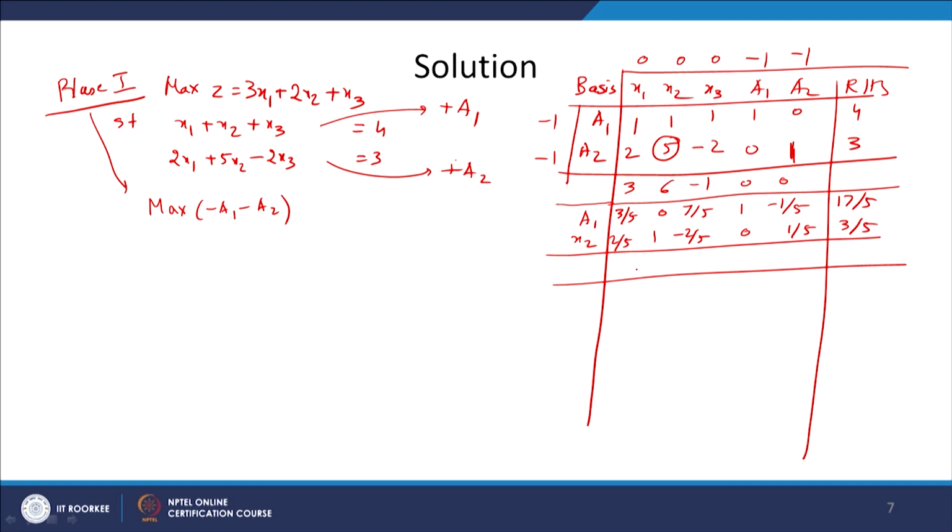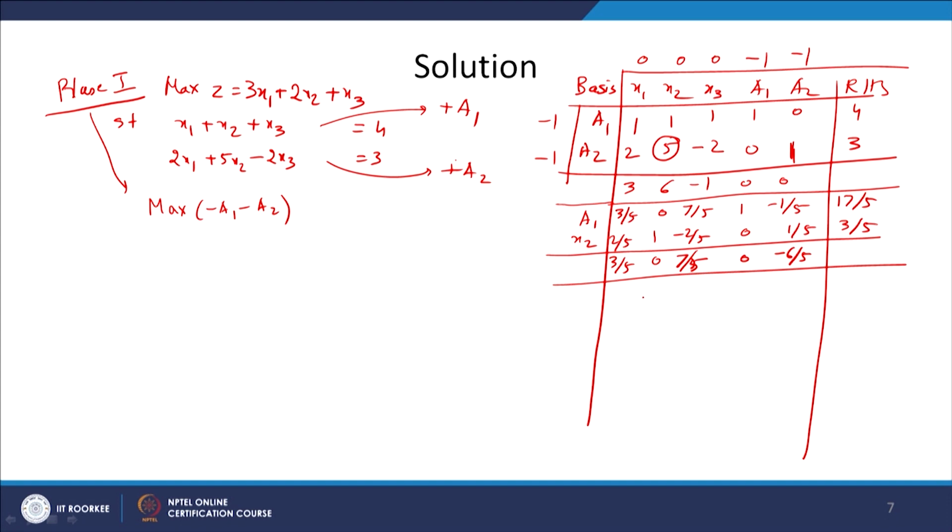Then the deviation row becomes 8 by 5, 0, 7 by 5, 0 and minus 6 by 5.